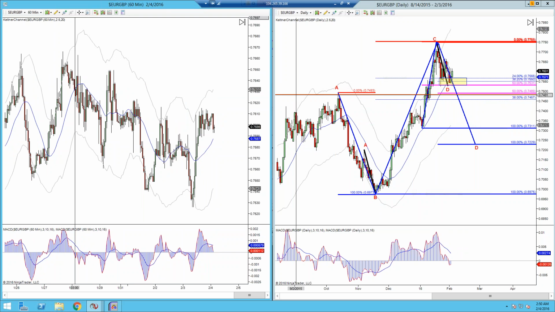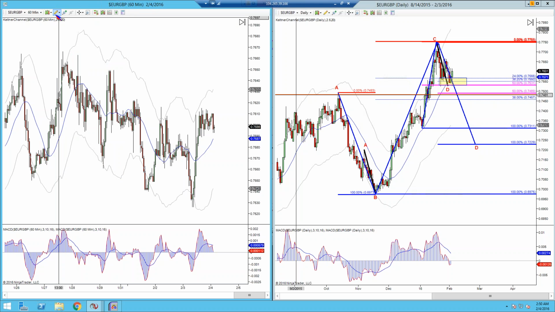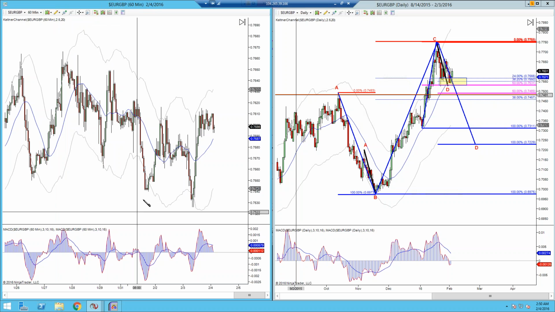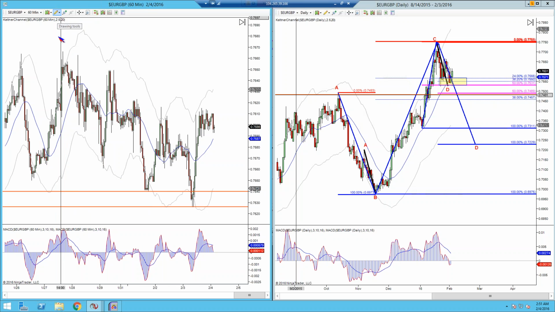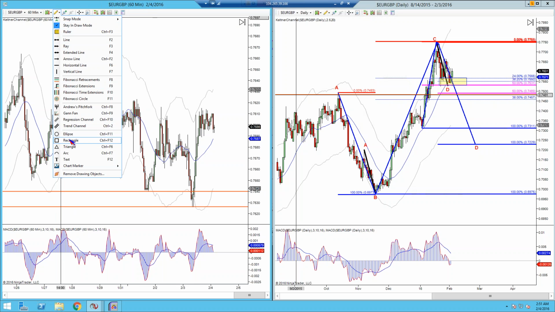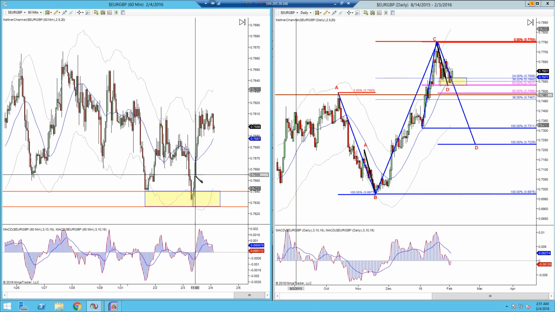So on the hourly chart, we did this yesterday. I looked at this, this, and the market started to run up a little bit. It started to go up a little bit right in here.